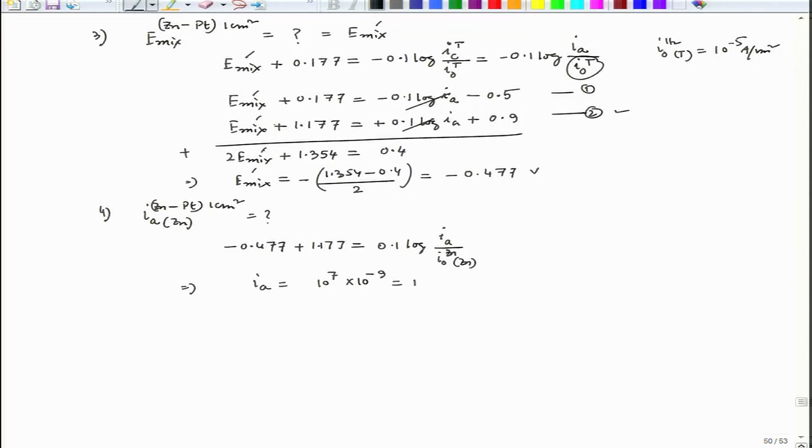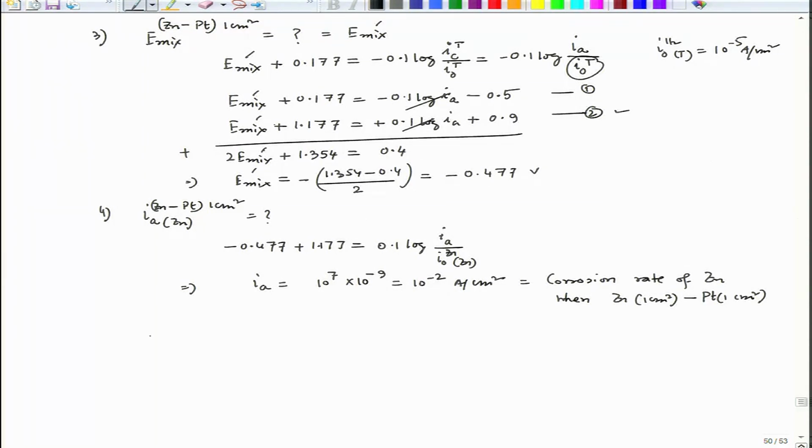So this becomes 10 to the minus 2 ampere per centimeter square. So this is the corrosion rate of zinc when zinc 1 centimeter square is galvanically coupled to platinum 1 centimeter square.